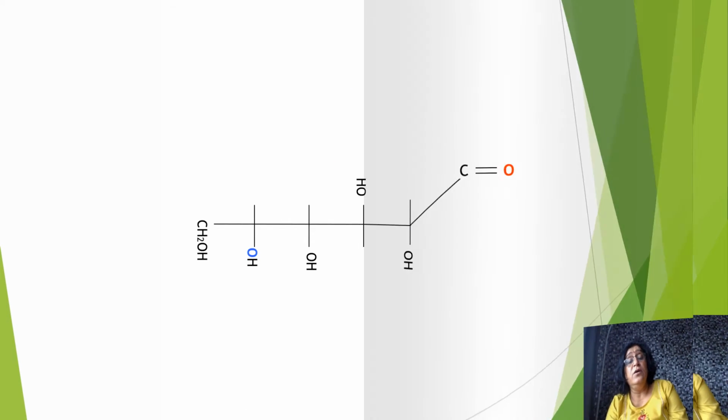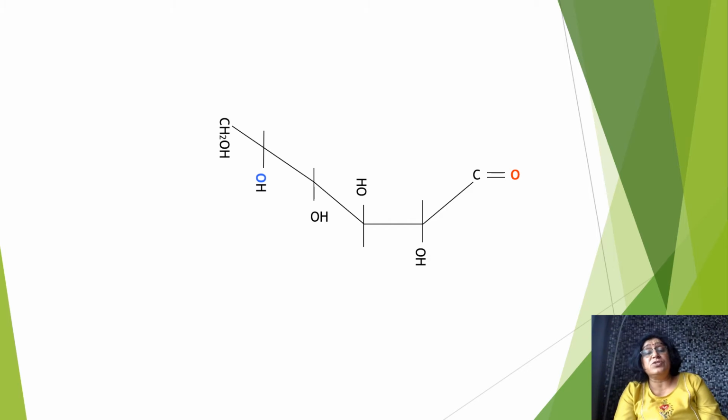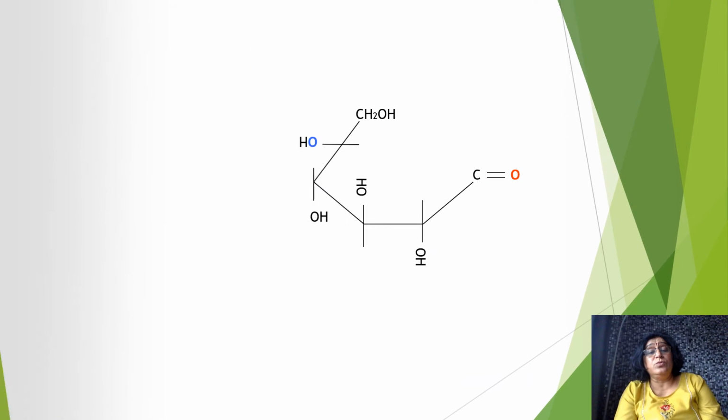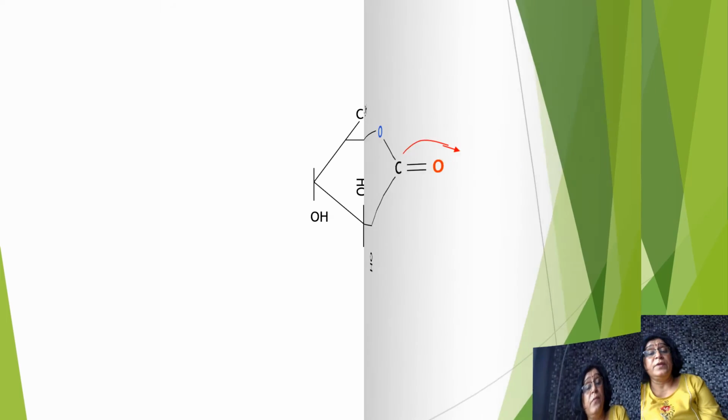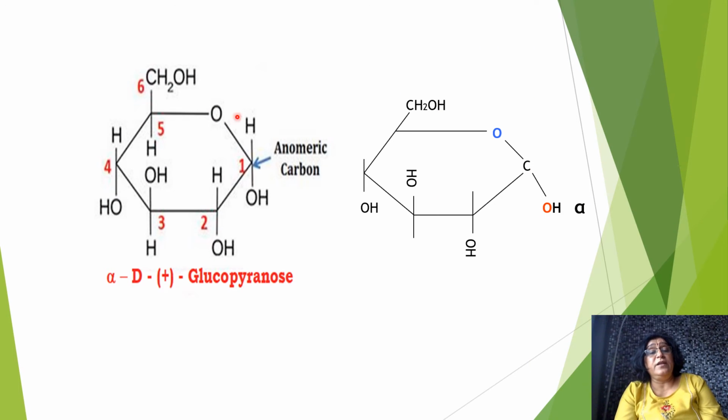Gradually the open chain structure gets converted to the ring structure. And this is the final ring structure that is formed. So whichever groups were on the left hand side are on the top, and whichever groups were on the right hand side are on the bottom. So let's begin with the first carbon.